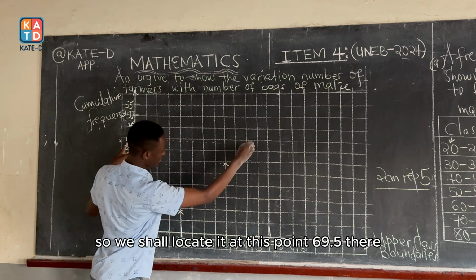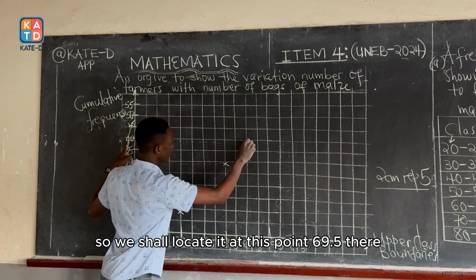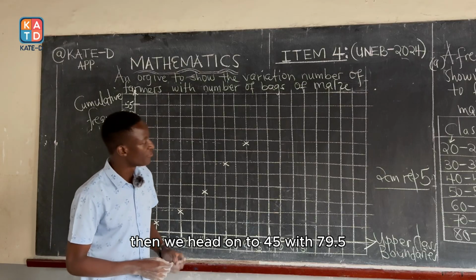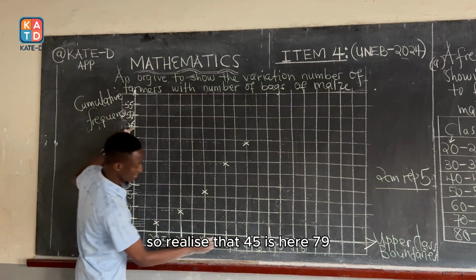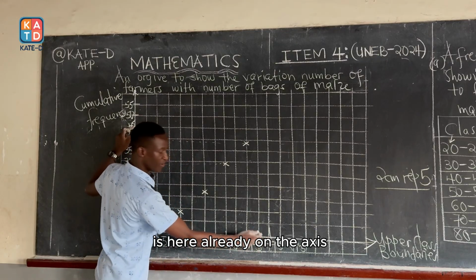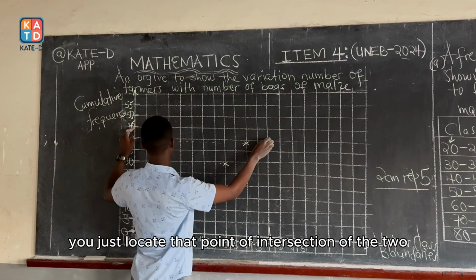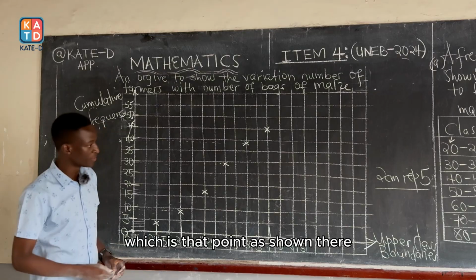So we shall locate it at this point, 69.5 there. Then we head on to 45 with 79.5. So realize that 45 is here, 79 is here, already on the axis. So you just locate that point of intersection of the two, which is that point as shown there.